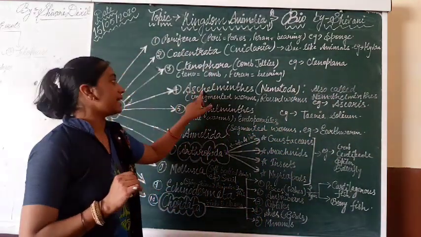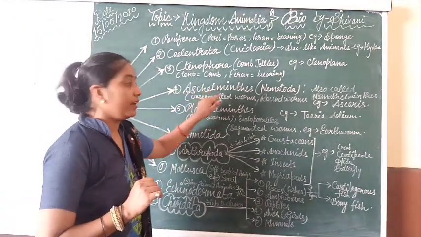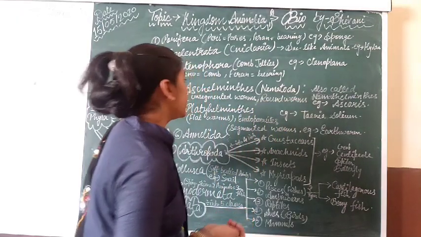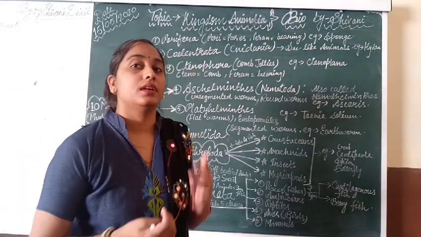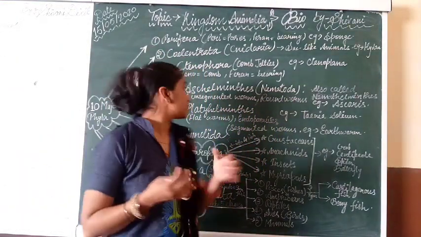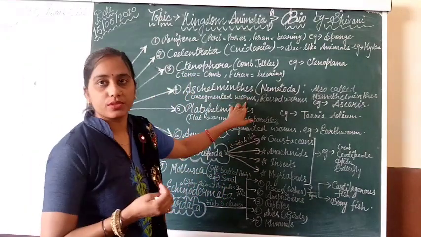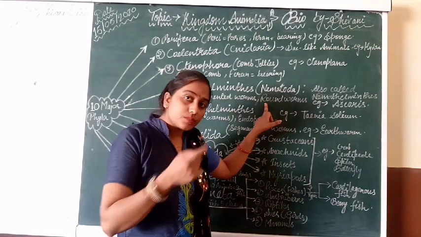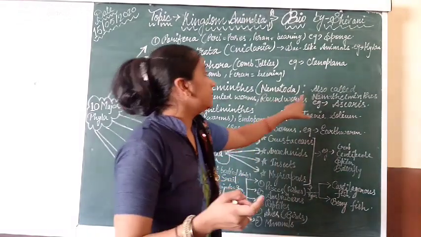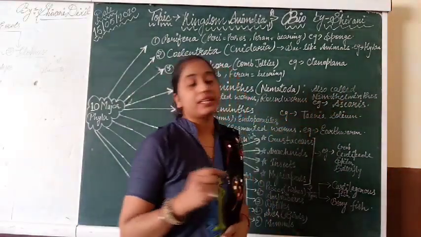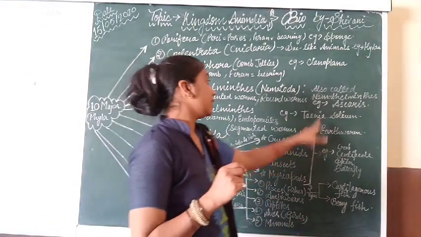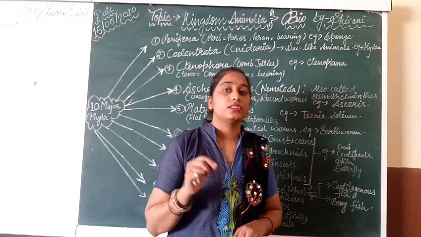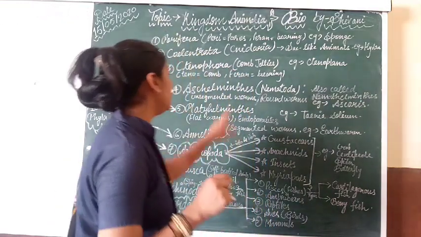The fourth is Aschelminthes. Aschelminthes are also known as Nematoda, and Aschelminthes means the unsegmented worms. Worms means little animals, and they are sometimes round worms. They are also called Nemathelminthes. For example, Ascaris is part of Nematoda.